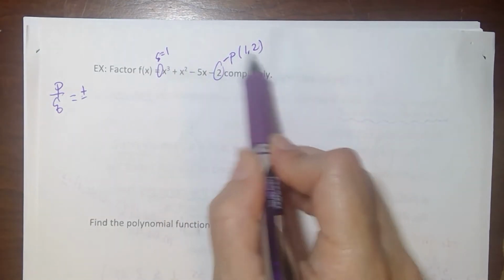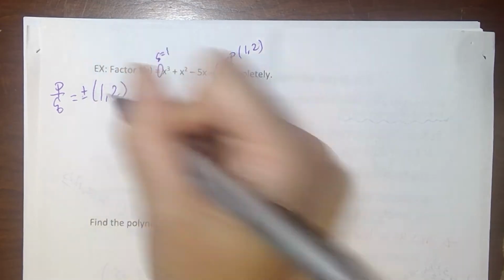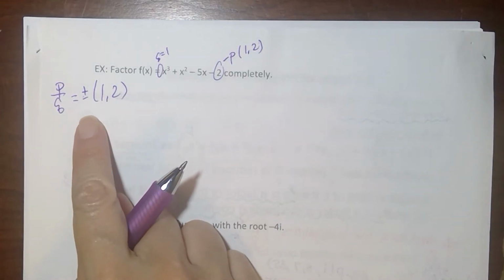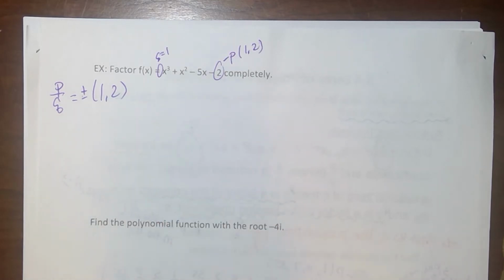We have 1 over 1 or 2 over 1. So we have 2 positive possibilities and 2 negative possibilities. Trial and error here. At worst, we will have to do 4 different synthetic division problems to find our rational zero.